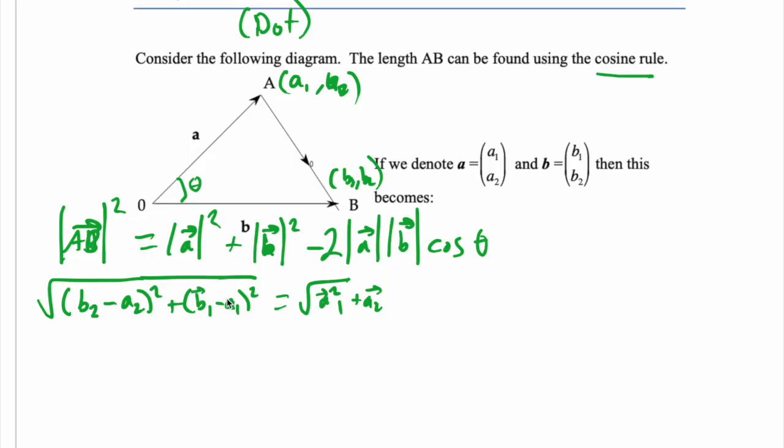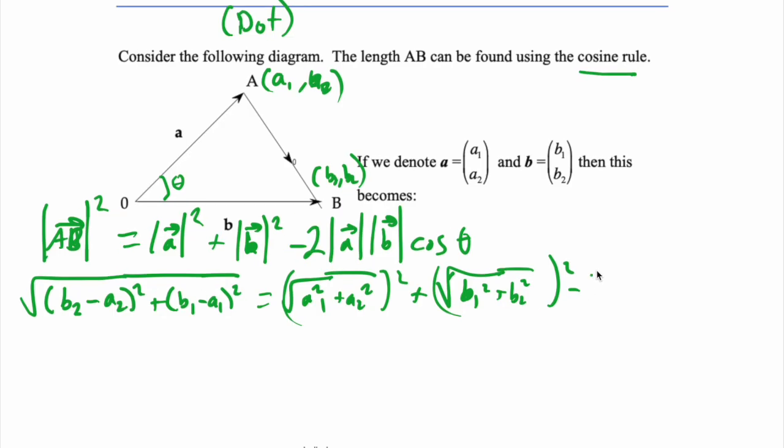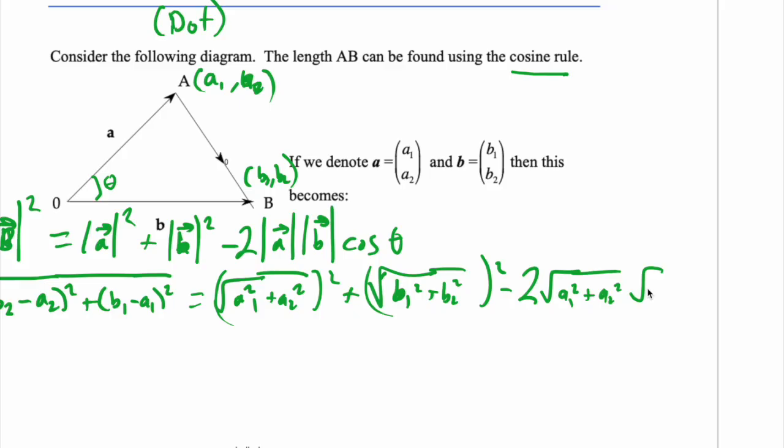Should have little arrows everywhere. No, those aren't arrows, those aren't vectors, those are just coordinates, right? And all squared. The magnitude of B squared is very similarly b1 squared plus b2 squared, and all squared, and then minus 2 root a1 squared plus a2 squared, root b1 squared plus b2 squared cosine theta.